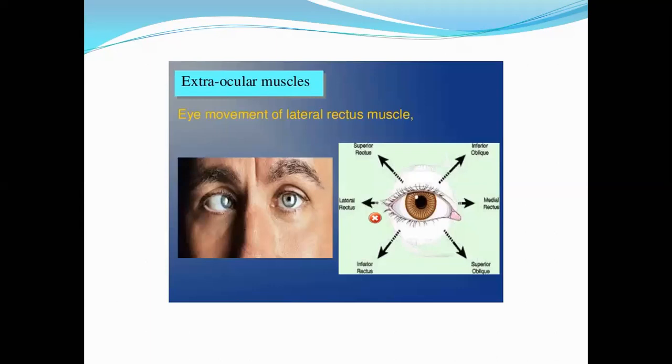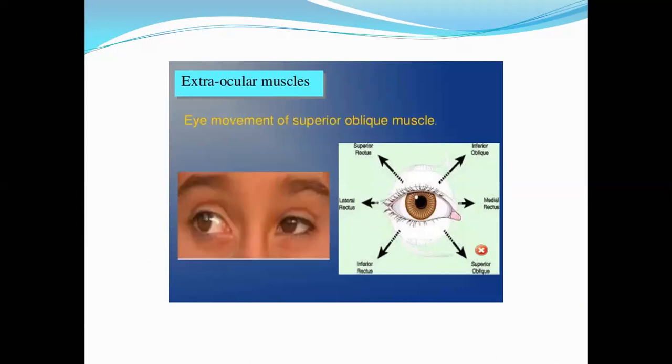So again, we come to the slide showing eye movements, where the lateral rectus muscle movement is disturbed due to the fracture. Here you can see the superior oblique muscle movement, and you can appreciate in the slide that there is entrapment of the superior oblique, and the movements are not good in the picture.